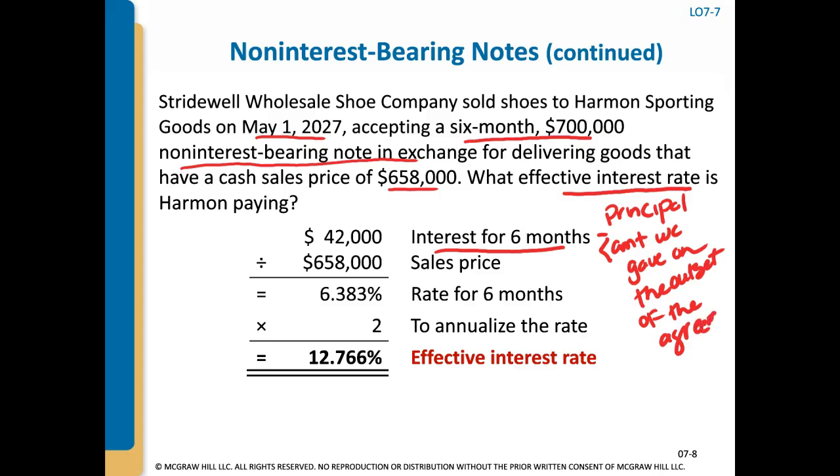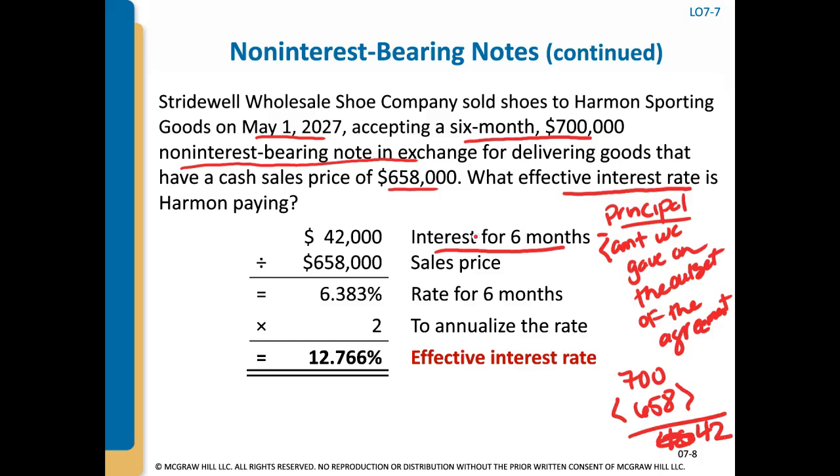I can barely read that, but our $700,000 was our principal, minus we only gave you goods for 658. So the interest embedded in there is 42,000.